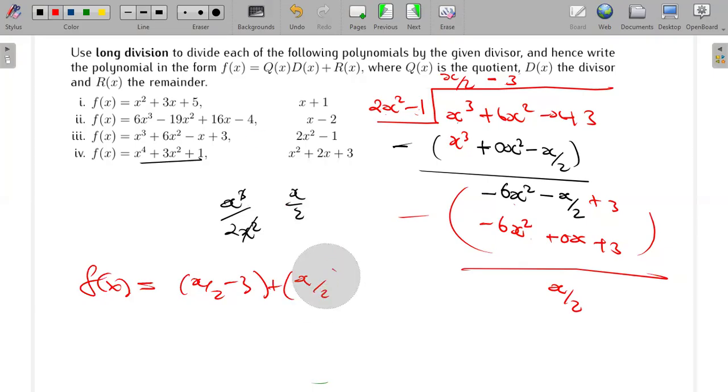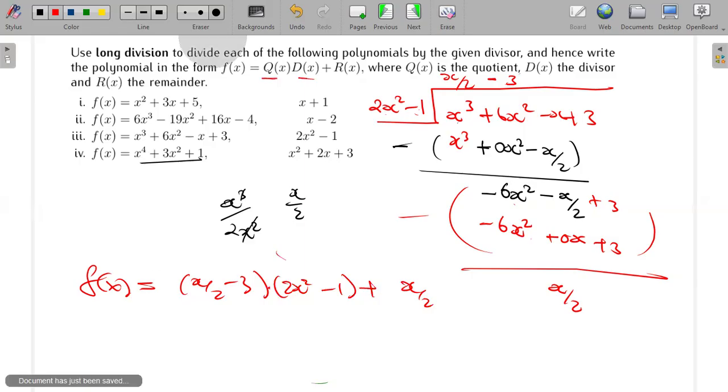So just pardon me. So here you're going to write the other part. This is our quotient, then our divisor there, you have 2x squared, then minus 1, then plus x over what? Over 2. Okay, so this is what we get, right? Okay, let's do the next one.